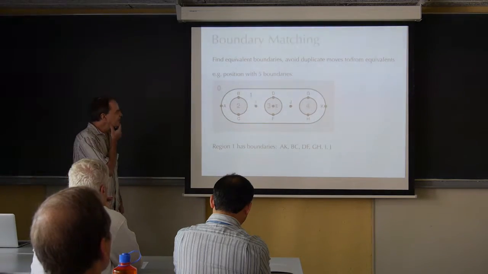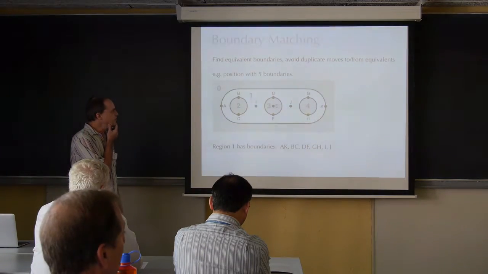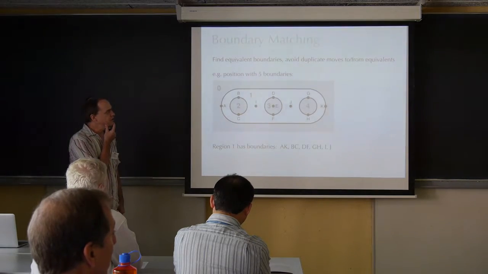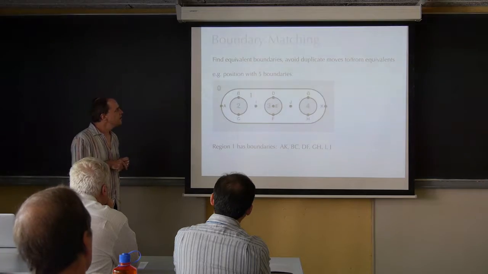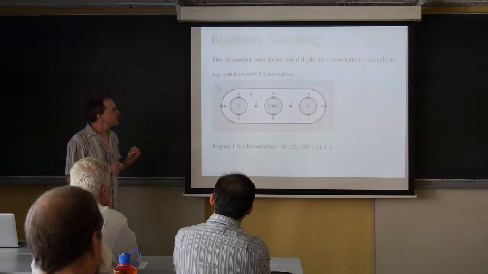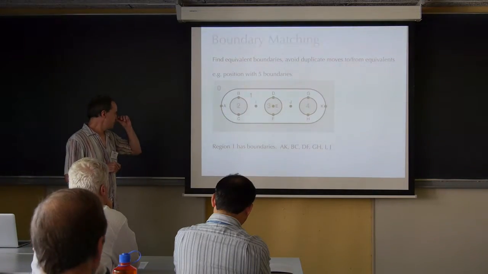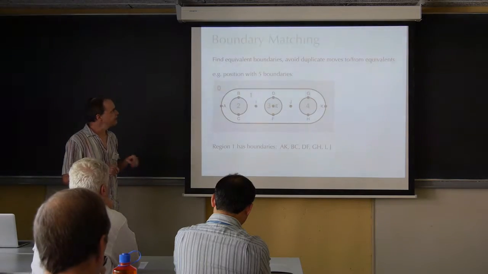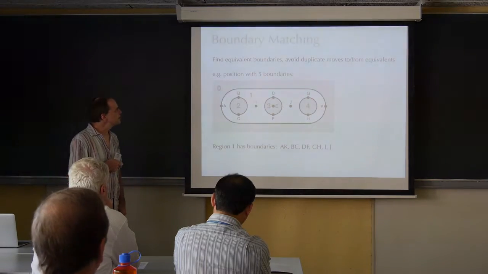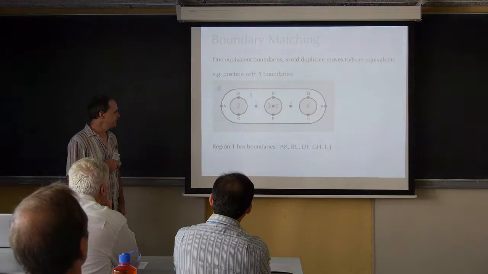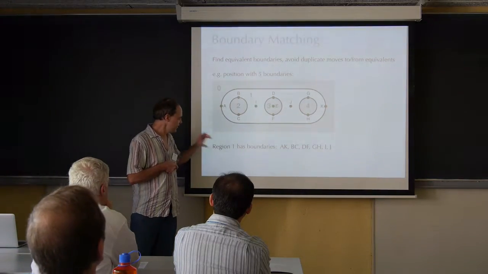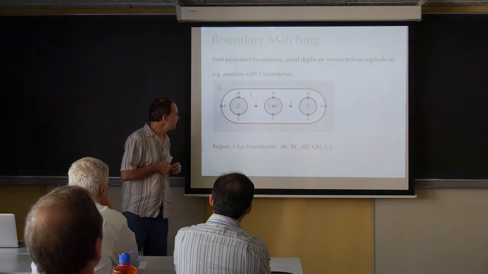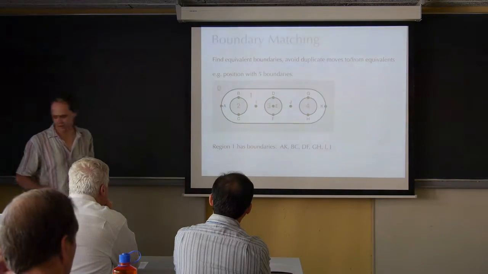So instead, what I do is I use a boundary matching method to avoid duplication and make it a more direct generation of the invariant forms. So here's an example position with 5 boundaries. Now, if we look at region 1, it has 6 boundaries.